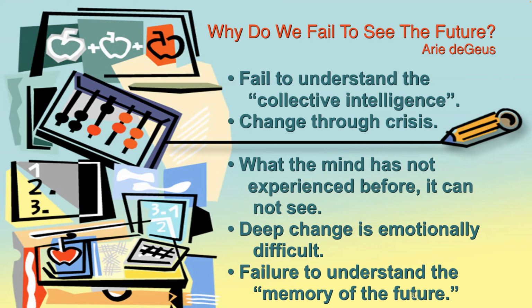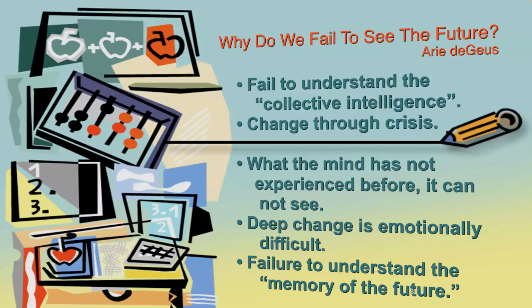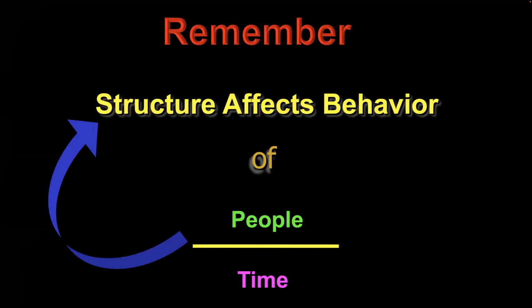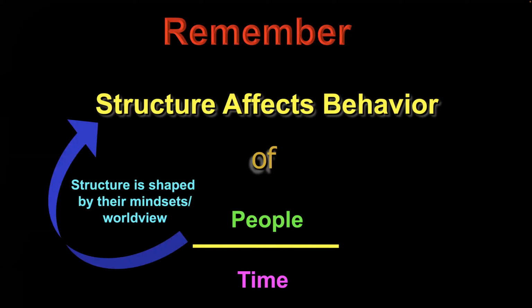So these I would like you to think about in relationship to what you are doing. And remember, this idea of structure affects the behavior of people over time. That was the mantra out of 800. That structure is shaped by, though, the mindsets and the worldview that people have. So there's kind of a feedback loop that takes place.